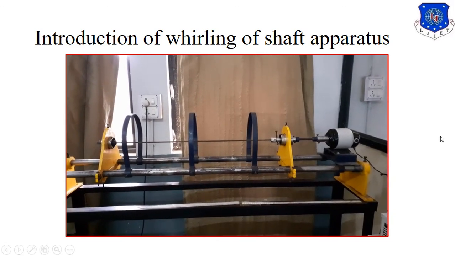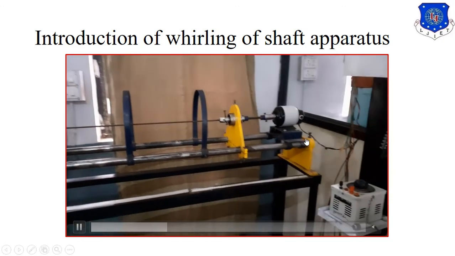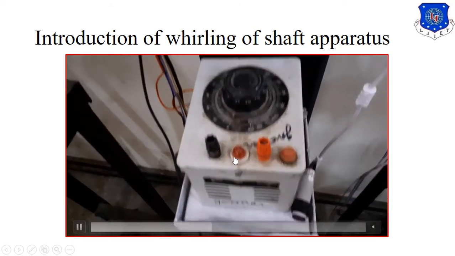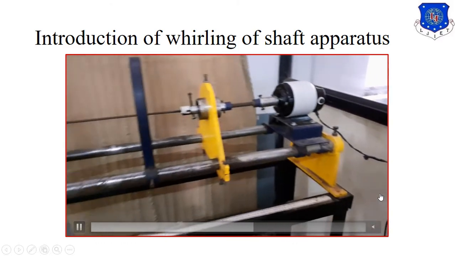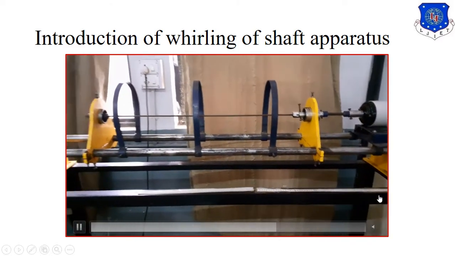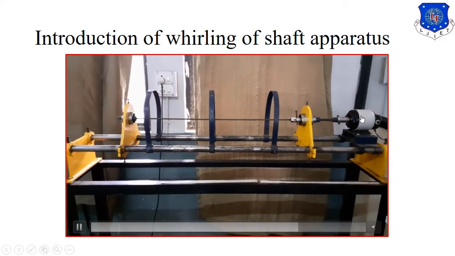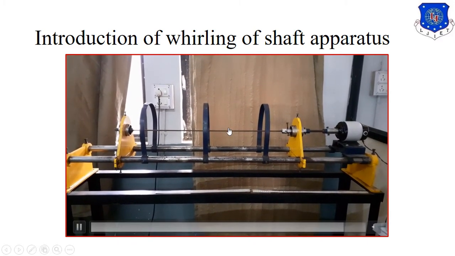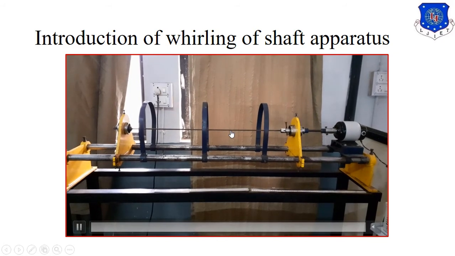Now, what is the variac? Here there is a motor and the motor is connected with this variac. This is basically a voltmeter, which can increase or decrease the voltage transferred to this motor. So this is the whirling speed of shaft apparatus. This is the shaft here.